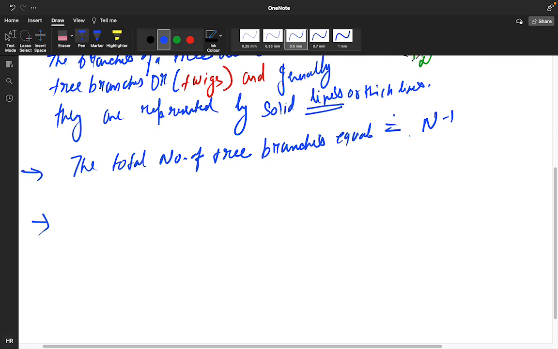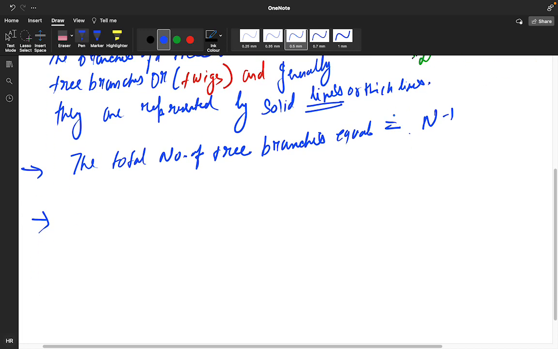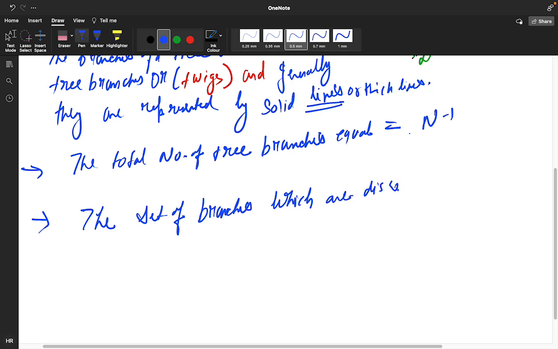The set of branches which are disconnected to form a tree is called a co-tree.